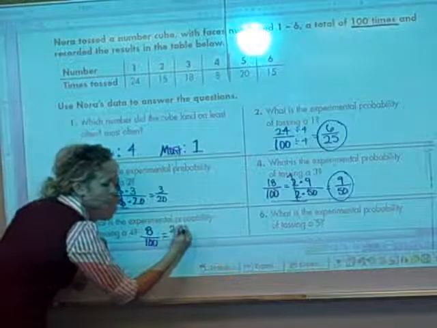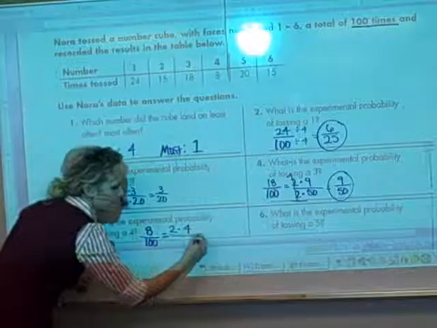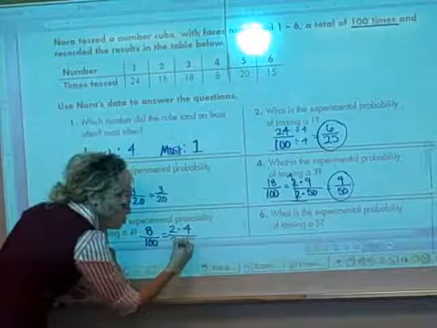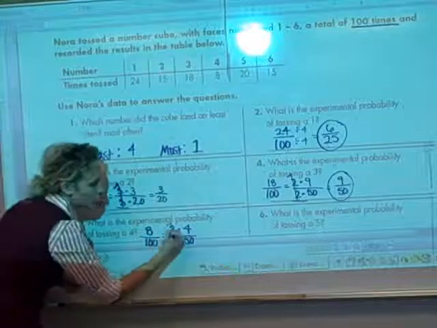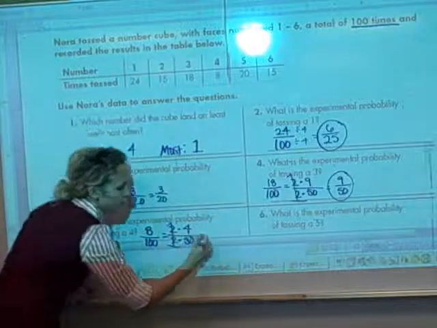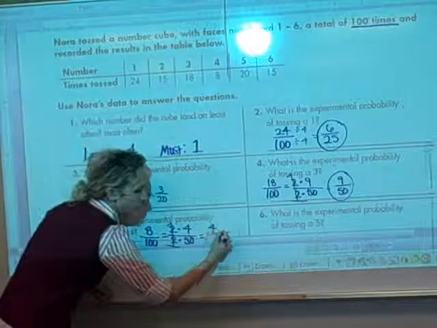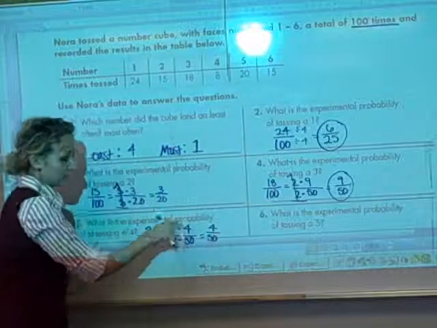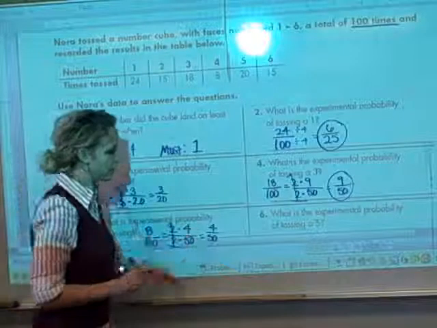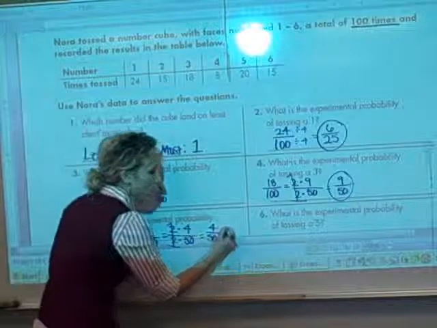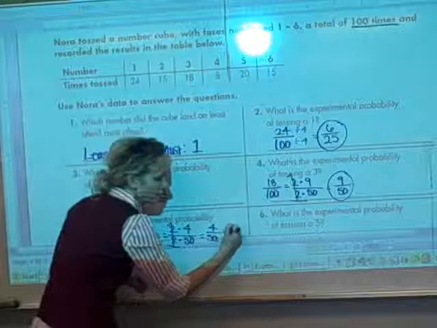So I'll write 8 as 2 times 4. I'll write 100 as 2 times 50. 2 over 2 is 1. That leaves me with 4 over 50. While I'm looking at this right now, I realize I still have 2 even numbers. So I'm going to divide them both by 2 again, or rewrite them as 2 times something.